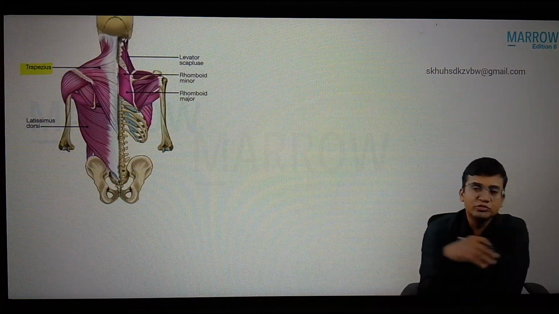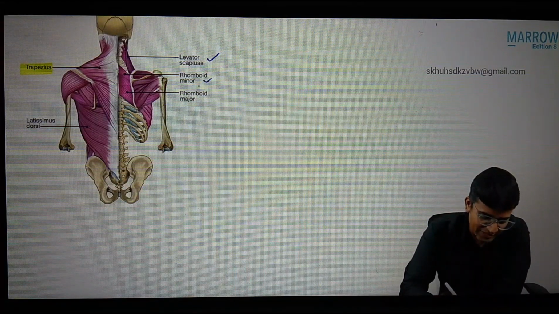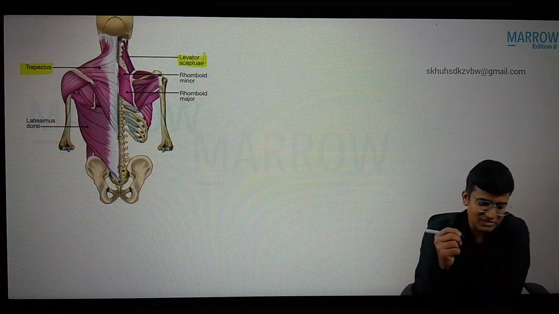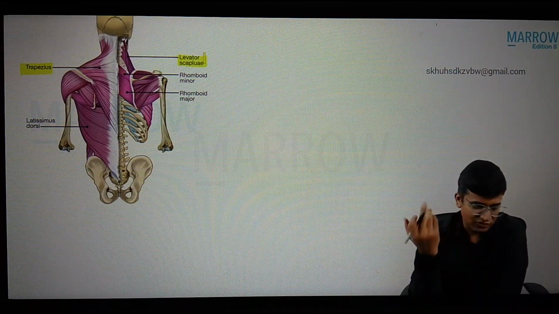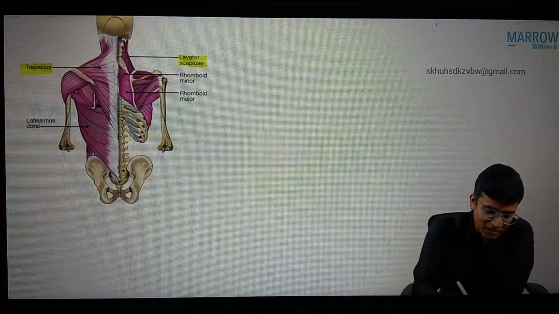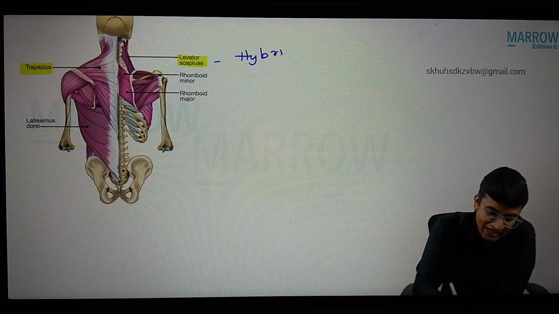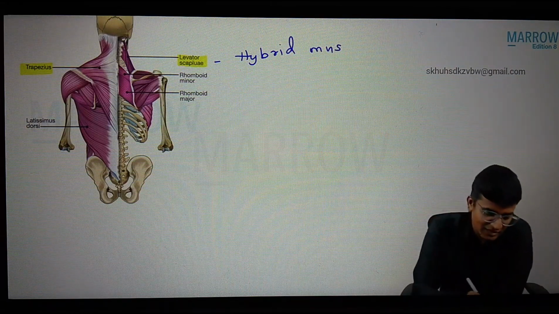On the other side, we removed the trapezius muscle and we are seeing levator scapulae, rhomboides minor and rhomboides major. Levator scapulae muscle, already we know the action. It is a helping muscle for trapezius for elevation of the scapula. What is the nerve supply? Levator scapulae is a hybrid muscle, with two nerve supplies.